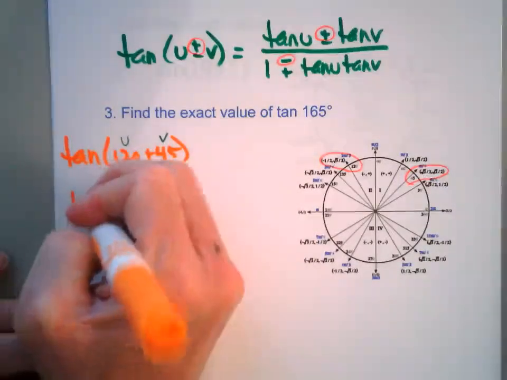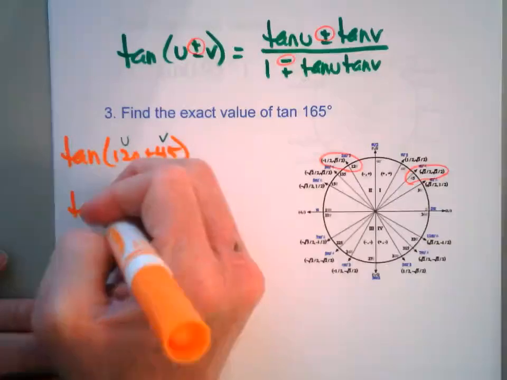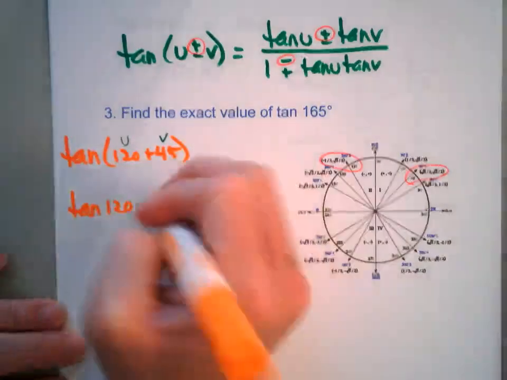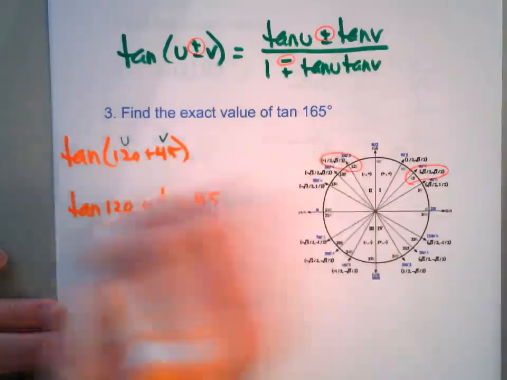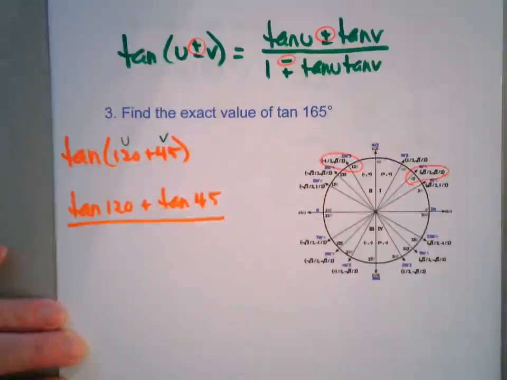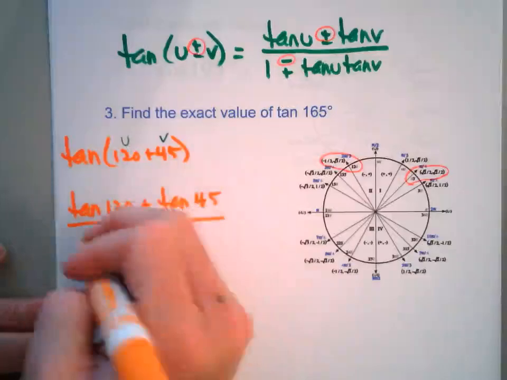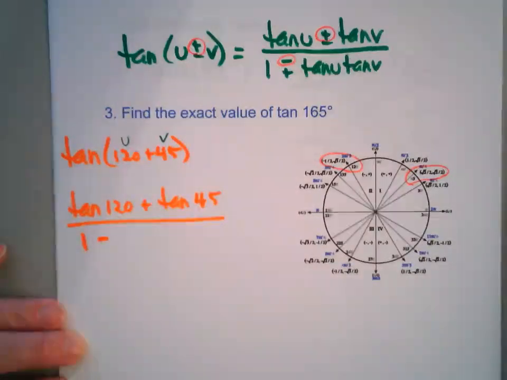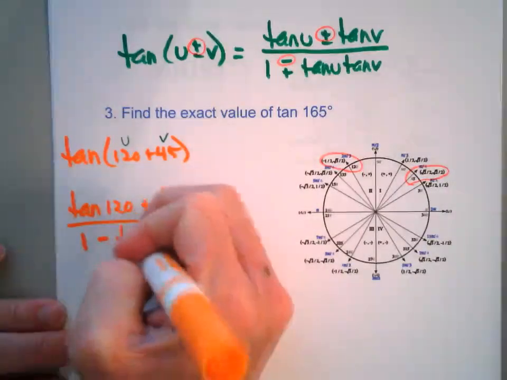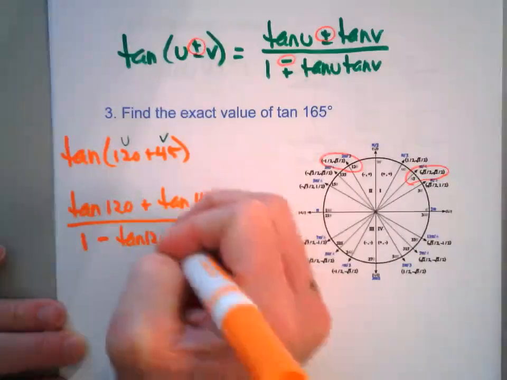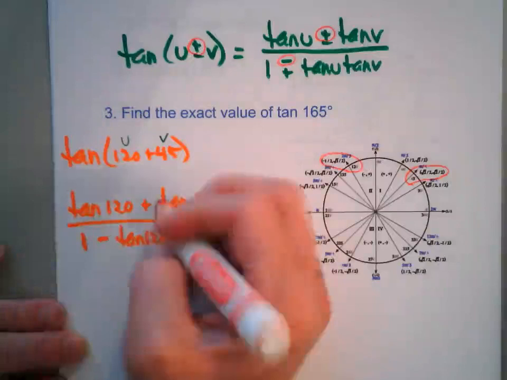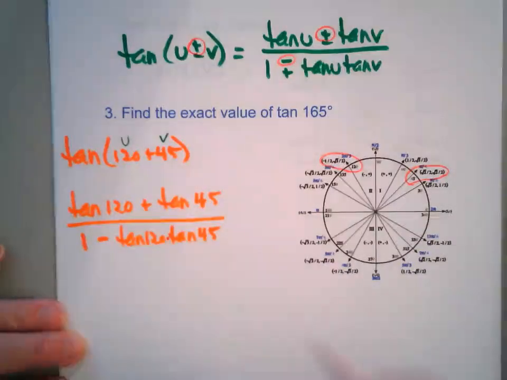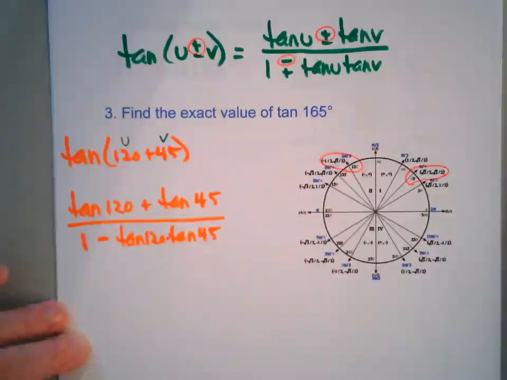So tangent 120 plus the tangent of 45, all divided by 1 minus tangent 120 times tangent 45. So on the bottom, you have multiplication right here, where on the top you're adding them.